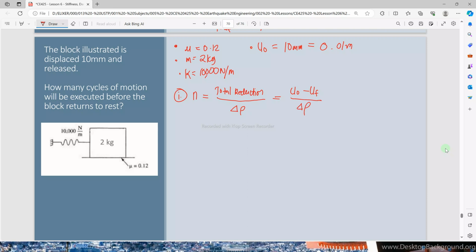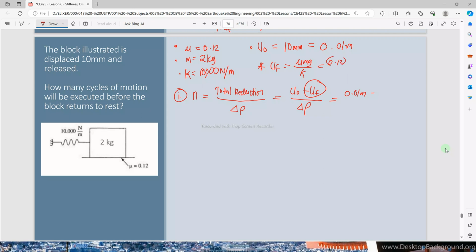We have u naught, that is 0.01 meters, but we don't have the final position yet. To solve it, we know that the final position is equal to mu mg over k. So we just substitute those values.